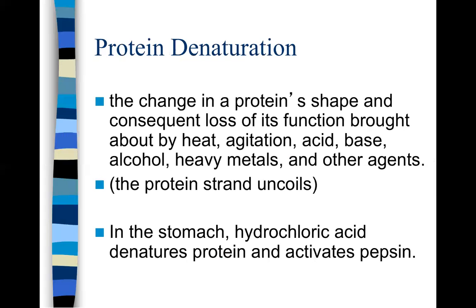Hydrochloric acid also activates something called pepsin, which we're going to see coming up on our next slide. Pepsin is an enzyme that can cleave or break proteins apart. So pepsin can take long polypeptide chains and break them apart into smaller polypeptides, and in some cases, single amino acids.